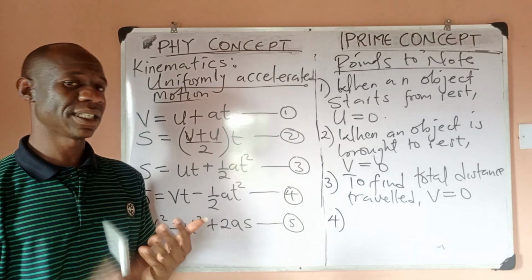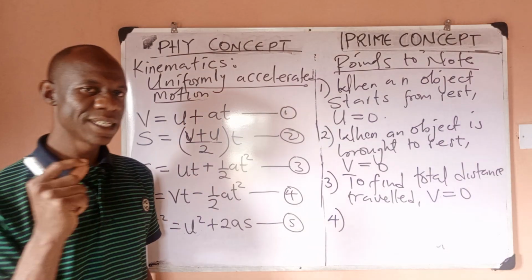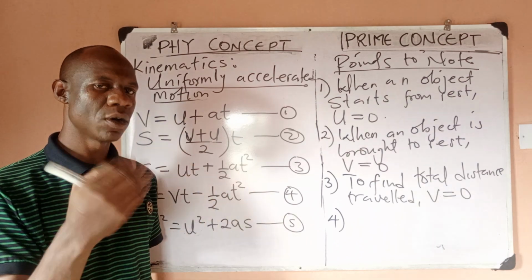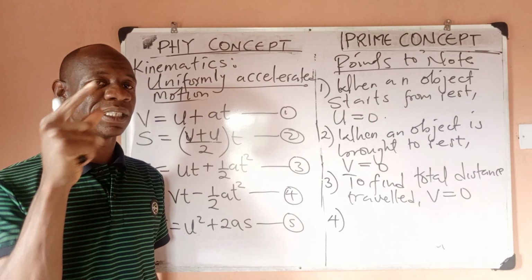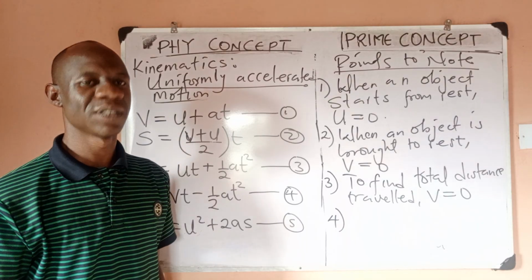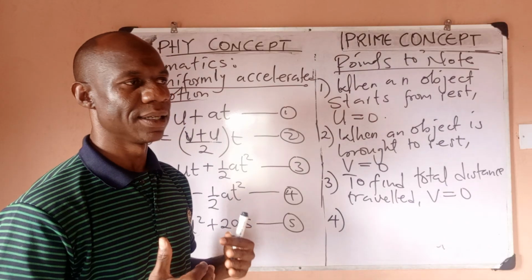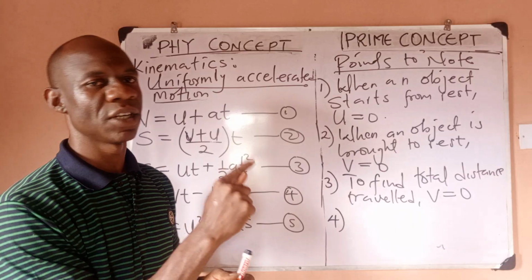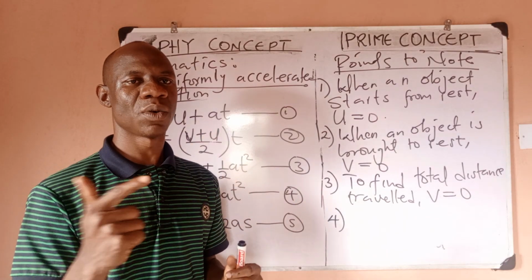So you must take this into account. Now, if a car or an object decelerates or brakes are applied to a car, then you should know that the bigger velocity becomes the initial velocity. The smaller velocity becomes the final velocity. Let me repeat. When a car decelerates, or they say a brake is applied to a car, then you would use the big value of velocity as your initial velocity, then use the small value as your what?